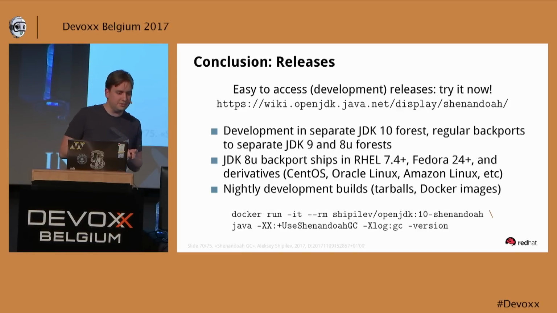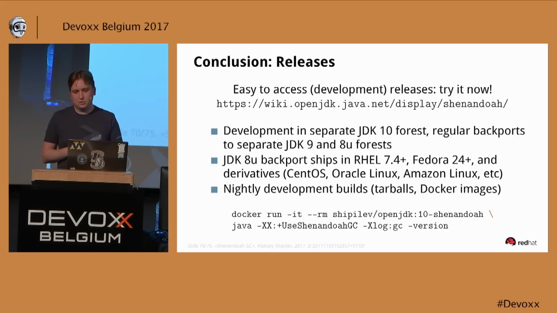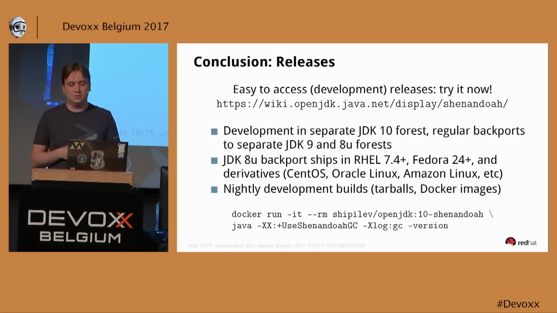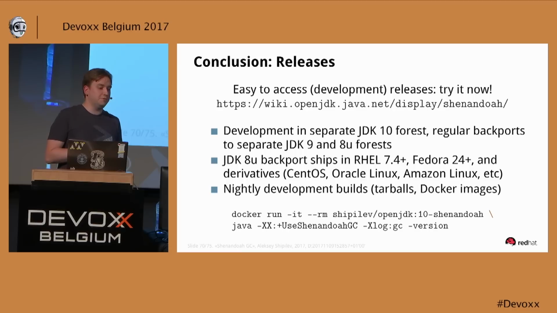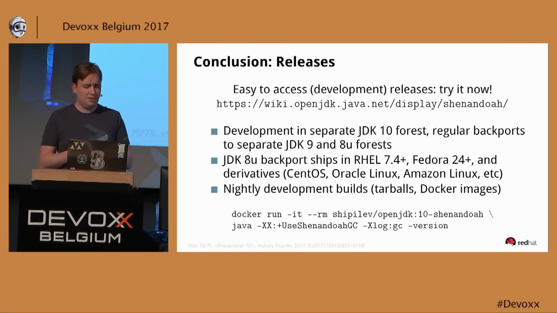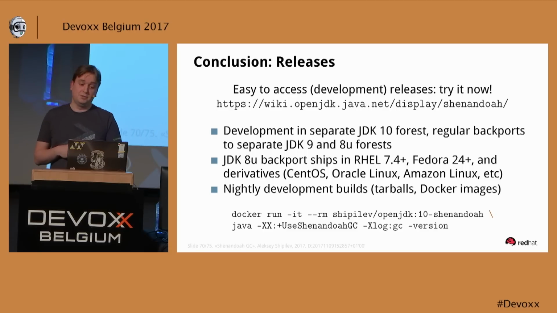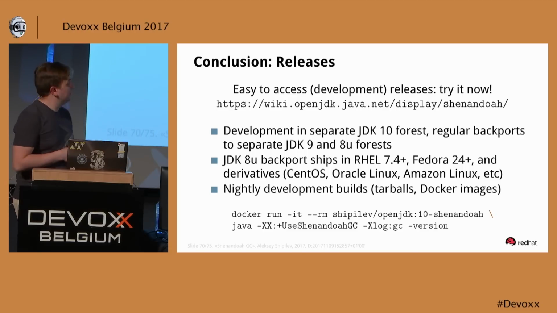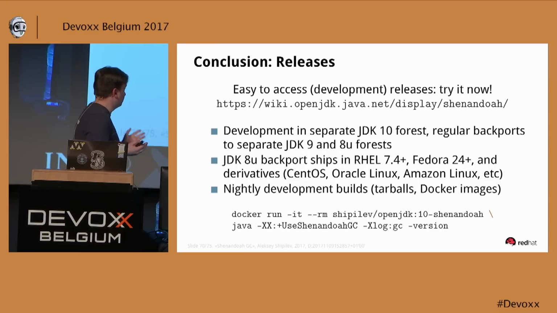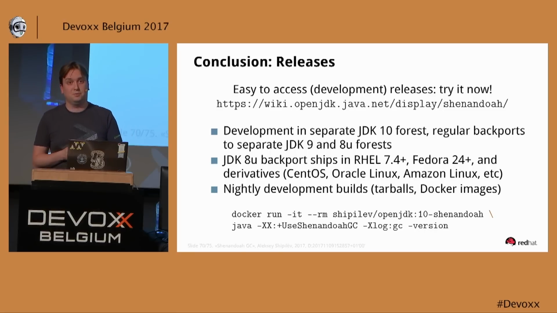We have this wiki page which lists all the things that you need to know about Shenandoah. We currently develop for JDK 10, but we also maintain the backports to JDK 9 and 8u. JDK 8u ships in RHEL 7.4 and Fedora 24, and derivatives from RHEL, which include CentOS, quite amusingly Oracle Linux, Amazon Linux, etc. Or, if you want to live dangerously, you can just use nightly development builds.